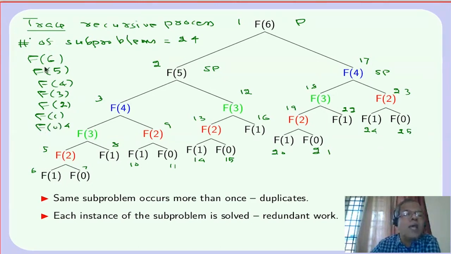Are f of 5, f of 4, f of 3, f of 2, f of 1, f of 0 the only subproblems, or do we solve any more subproblems? These 6 are the only subproblems present. Yeah. But these subproblems are repeated again, and so that's how they become dependent. So if I count this, I will say there are only 1, 2, 3, 4, 5, 6 subproblems.